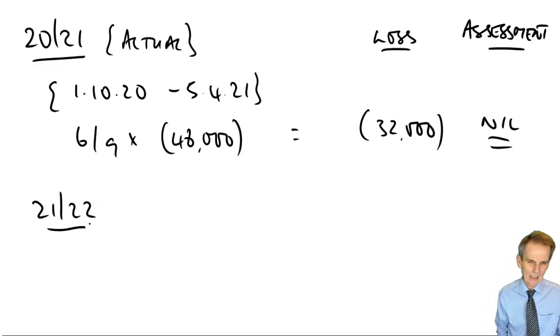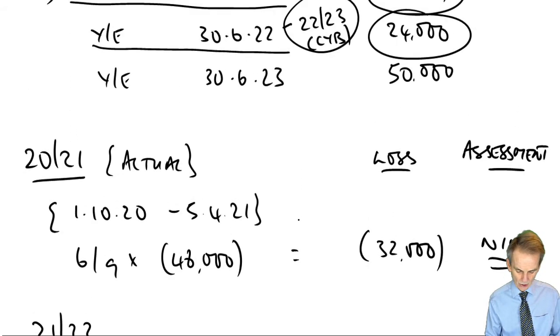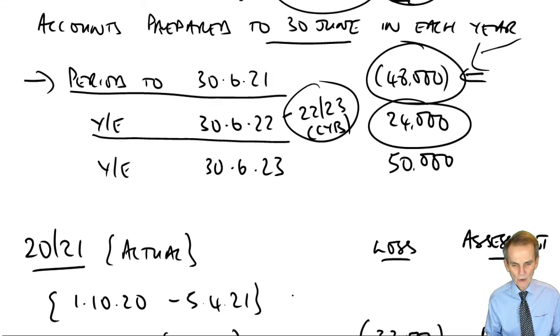But the second tax year is always the problem one. Okay, 21-22 is the second tax year. Remember how we start the process for the second tax year. We ask a question and hopefully answer it correctly, which is, do we have any accounting period ended in that second tax year, 21-22?